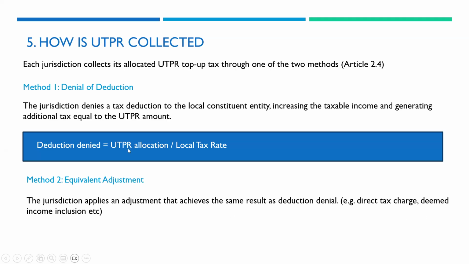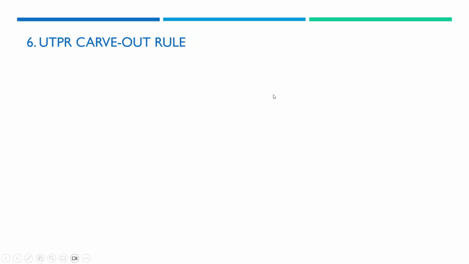Instead of the deduction being disallowed, they will add it as income. So either way is possible. How UTPR is collected is based on the domestic UTPR regulation of each jurisdiction. The model rules allow all these methods: either denial of deduction, or an equivalent adjustment by means of a direct charge or a deemed income inclusion. Yes or no? Fantastic.